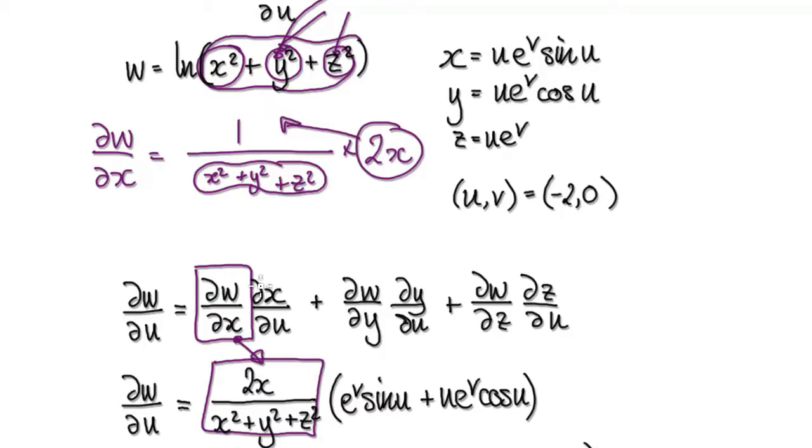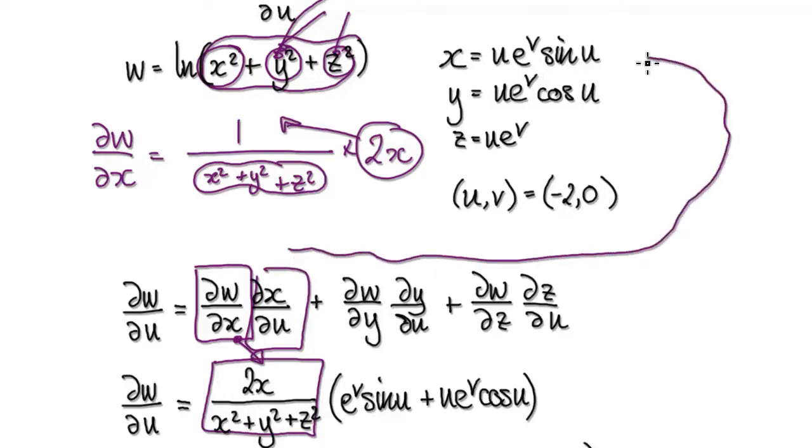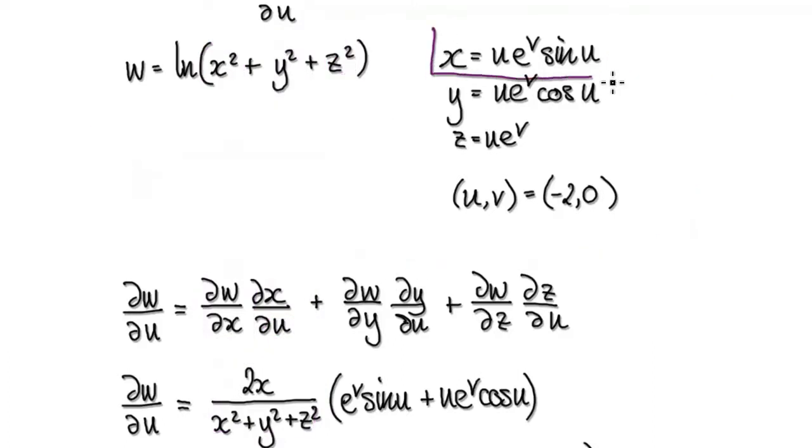Now we've got to multiply it by the partial derivative of x with respect to u. So we look at this thing here, with respect to u. U is a variable, and you've got two blocks here. This block contains u, and this block also contains u. So these two blocks contain the variable u, and therefore we've got to use the product rule.